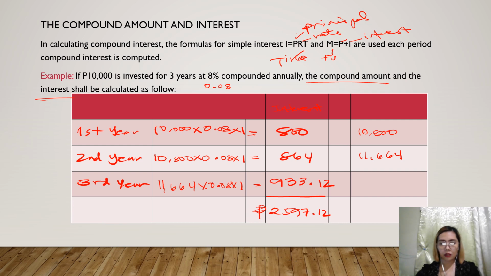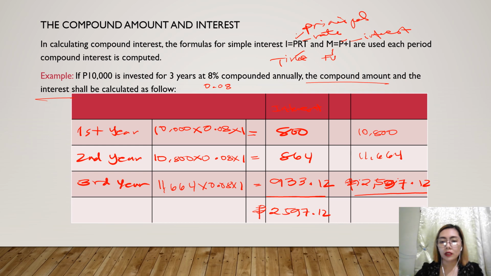That is 12,597.12. Ayan. So, ito ngayon yung compound amount natin. Okay? So, yan ngayon yung compound amount natin.